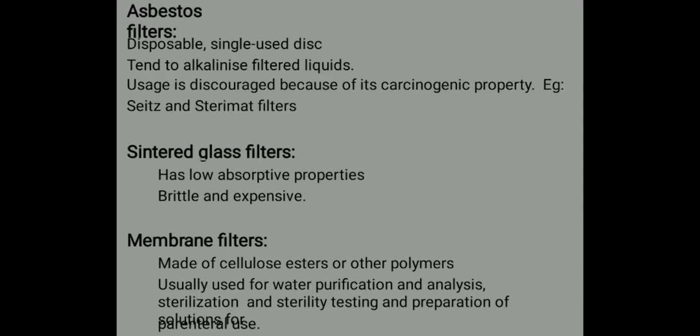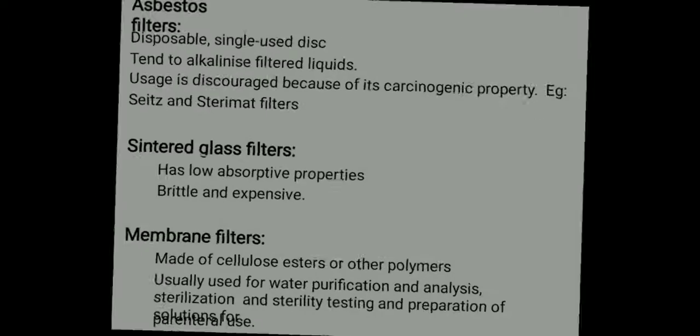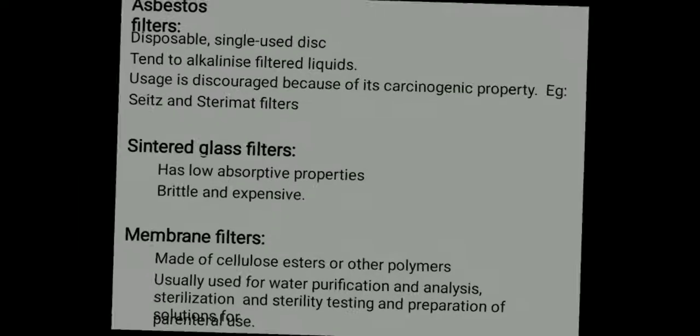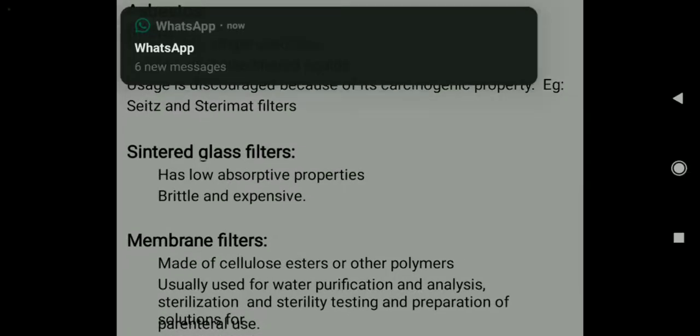Next we have asbestos filters. These are disposable single-use discs used to filter alkaline liquids. Use is discouraged because of its carcinogenic property. Next we have sintered glass filters, which have low absorptive property and are expensive in use.